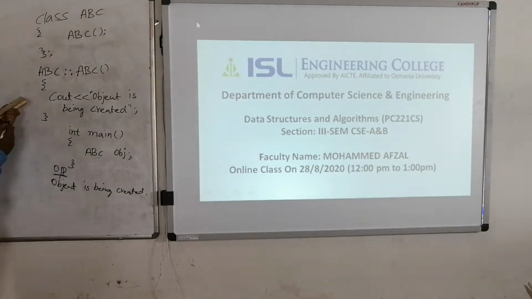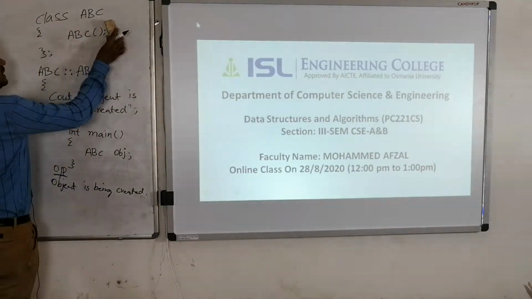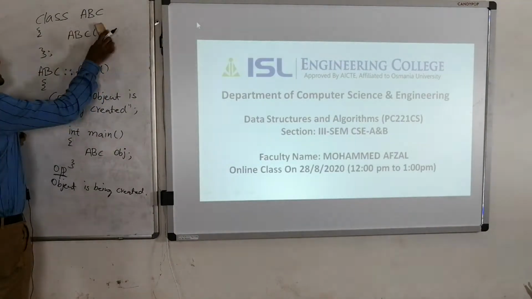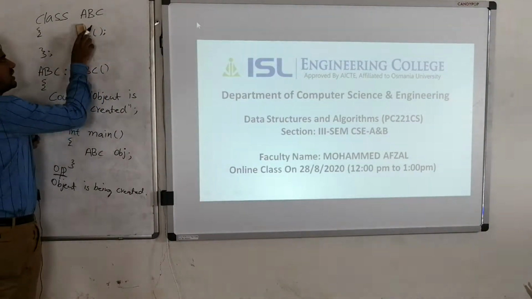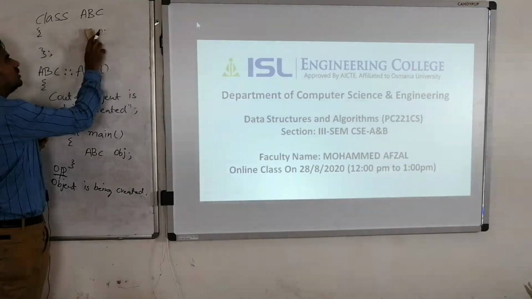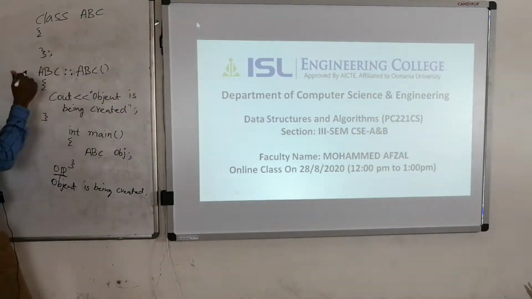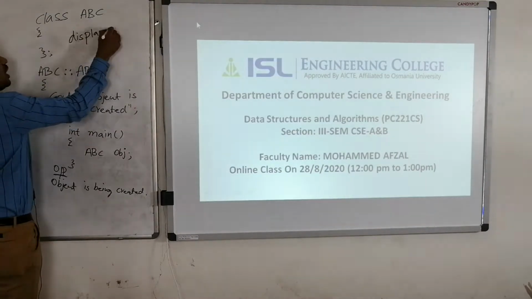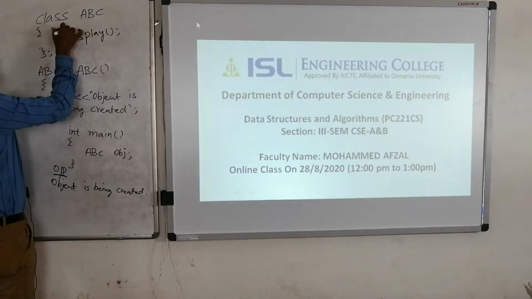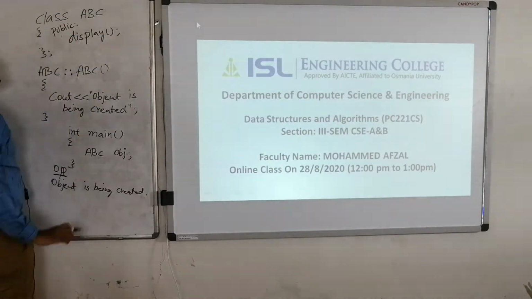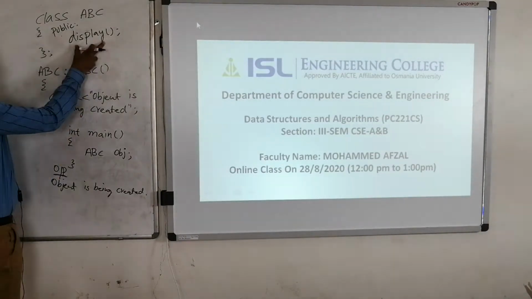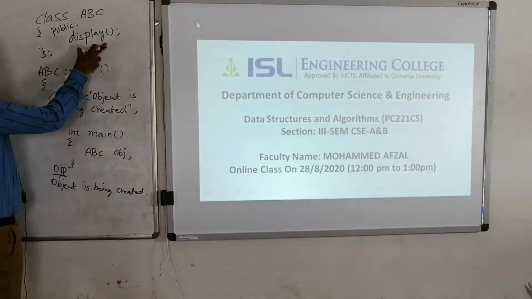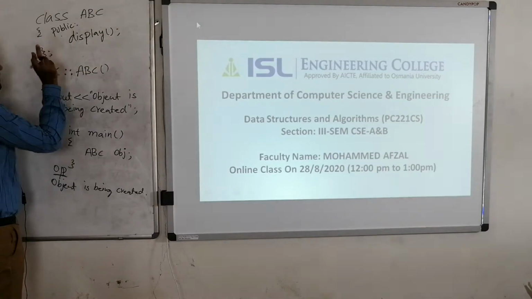Let us assume that in this ABC, instead of a constructor, I use a method, a function, public display. If I use it like this, it is a regular method. It is not a constructor. It is a regular type of member function.